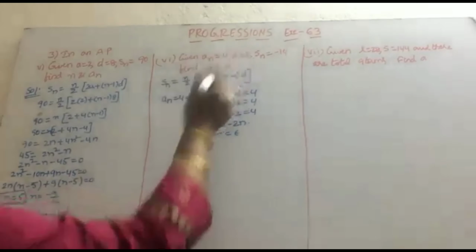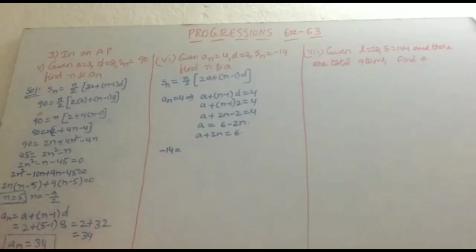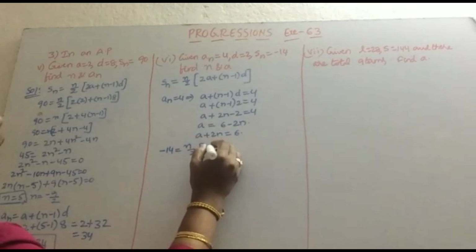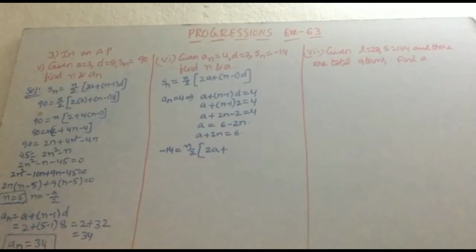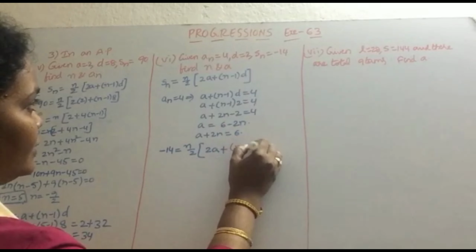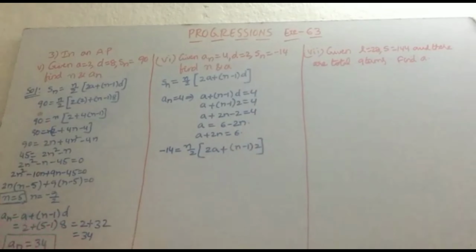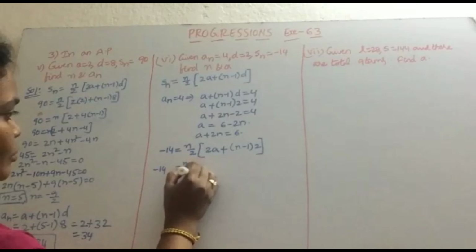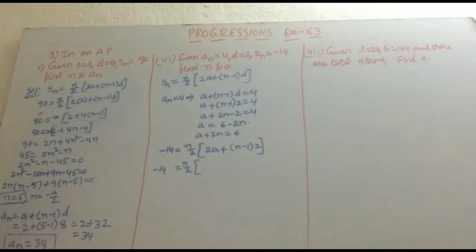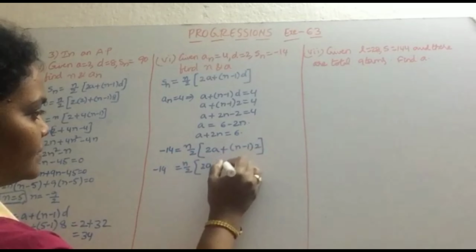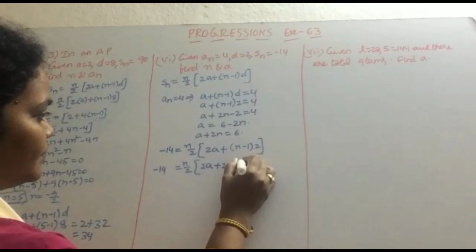So now we will find Sn. Sn is equal to minus 14, that is n by 2 into (2a plus (n minus 1) into d), d is 2. So that is minus 14 equal to n by 2 into (2a plus 2n minus 2).